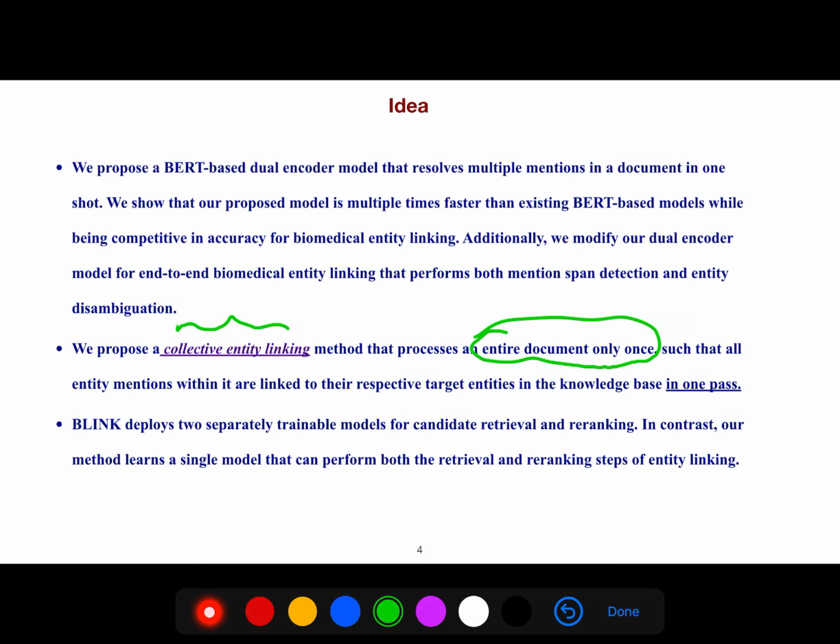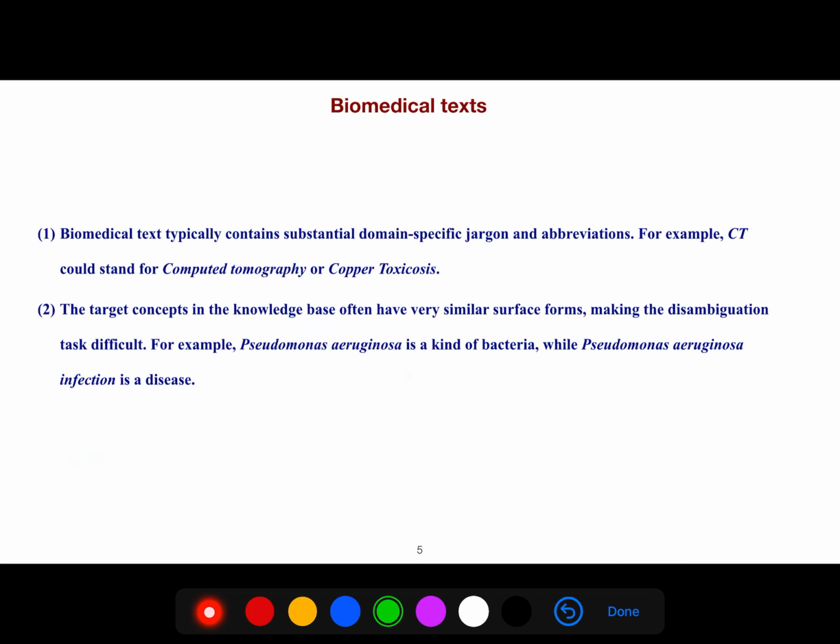BLINK deploys two separately trainable models for candidate retrieval and re-ranking. In contrast, our method learns a single model that can perform both retrieval and re-ranking steps of entity linking. Biomedical texts are really challenging, and they contain substantial domain-specific jargon and abbreviations. For example, CT stands for copper toxicosis or computed tomography.